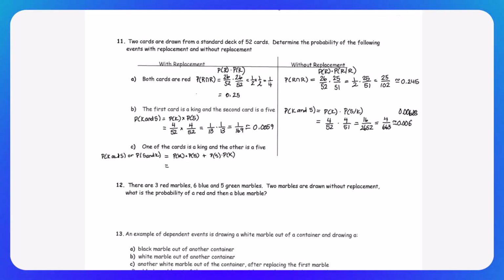So the probability of the king is 4 over 52 times 4 over 52. So that's that. And then we're going to add it to itself again. Nothing's changed here. The probability of the 5 and the king are independent of each other because of the replacement. So what we end up getting, really, this 4 over 52, we already know is 1 over 13, so 1 over 169.